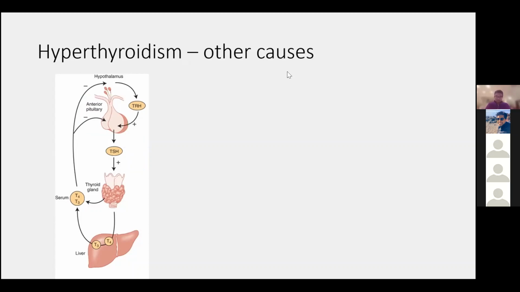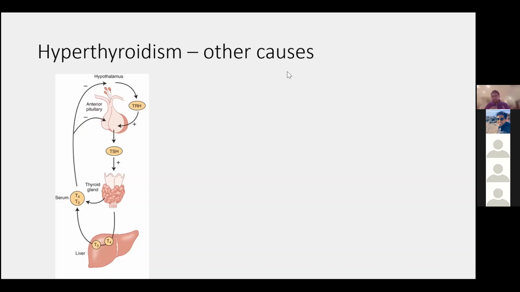I think someone's just asked a question about amiodarone causing hypothyroidism. So the reason amiodarone can cause both hypothyroidism and hyperthyroidism is because of its rich iodine content. If you think back to your early preclinical years, you may be familiar with the Wolff-Chaikoff effect, where if you overload the thyroid gland with iodine, it can actually cause the thyroid gland to shut down as a way of counter-regulating against that.